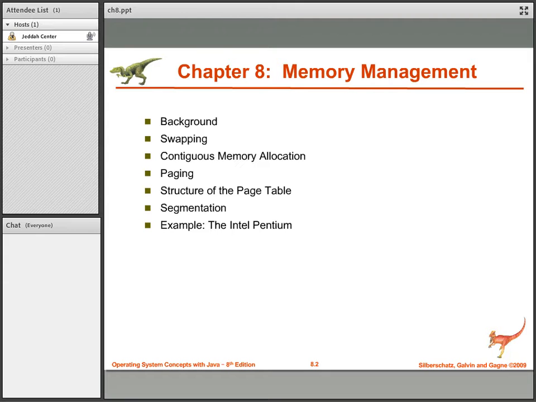We will look at swapping, contiguous memory allocation, paging, structure of the page table, segmentation, and finally, we will look briefly at the Intel Pentium as an example of memory management technique.